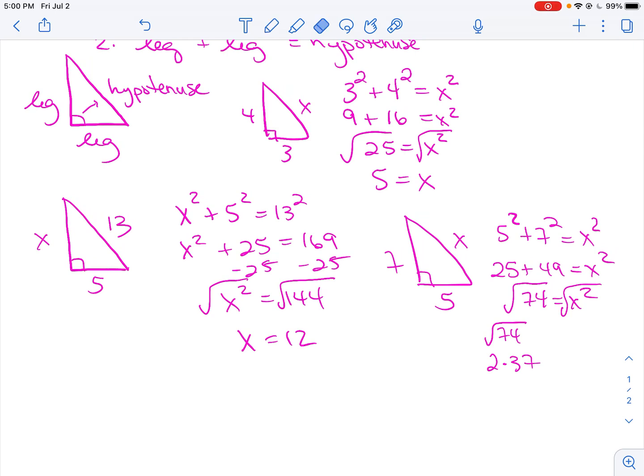Neither one of those are perfect squares, so that is going to be the exact answer. Now, if you have a teacher that's asking you to round it to the nearest tenth, then you would get 8.6 is approximately x. I, for the most part, will ask for the exact answer. I will not be asking for the rounded number. I like it better with the exact answers.